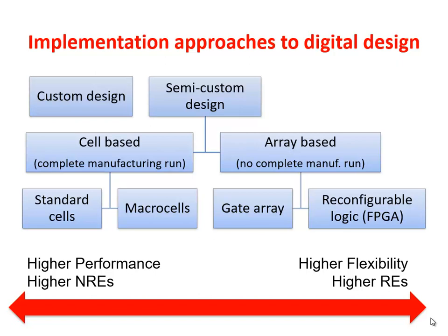So, just to summarize again, the performance flexibility trade-off is an important factor of the choice, and also the total number of chips that I expect to sell, because it matters a lot in establishing the cost of each particular solution.